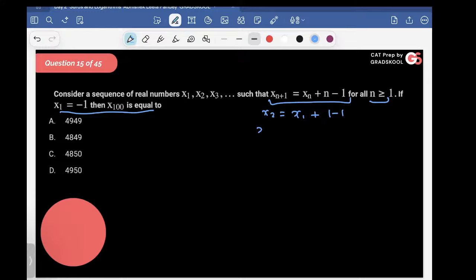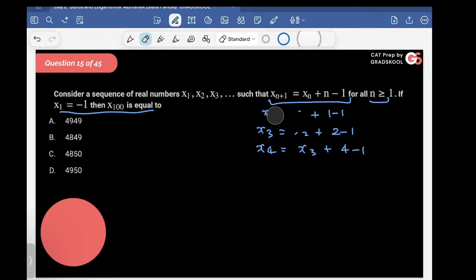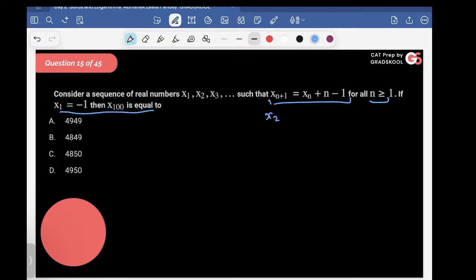अच्छा, x3 का वैल्यू क्या हो जाएगा? x2 प्लस 2 माइनस 1. x4 का वैल्यू क्या हो जाएगा? x3 प्लस 4 माइनस 1. क्या लिखा है मैंने ये यार? ओहो, मैंने गलत लिखा है यहाँ पे, सो सॉरी, लेट मी राइट इट अगेन. x2, I'm putting n as 1, सही लिखा था, x1 plus 1 minus 1. x3, I put n as 2, I'll get x2 plus 2 minus 1. x4, I'm putting n as 3, x3 plus 3 minus 1, and so on.